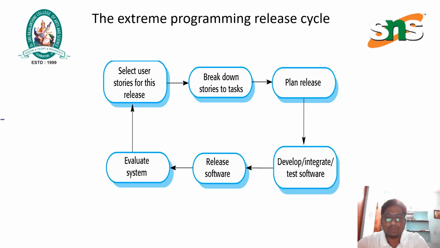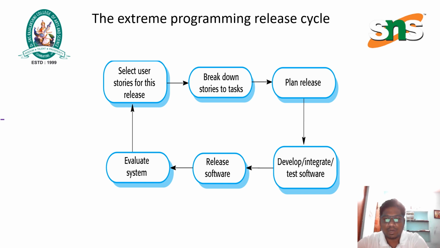The extreme programming release cycle. There are six stages in the release cycle of extreme programming. First, select user stories for this release. Second, break down stories into tasks. Third, plan the release.